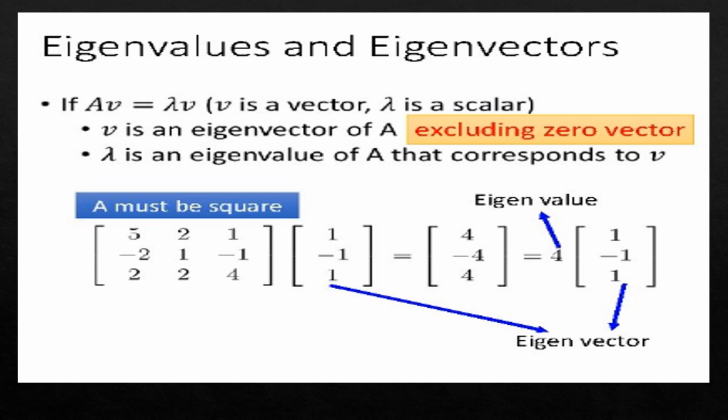Eigenvalues and eigenvectors are two quantities which represent the important characteristics of my features. They are represented by an equation, A V is equal to lambda V, where V is a vector. There's a difference between a scalar and a vector quantity.